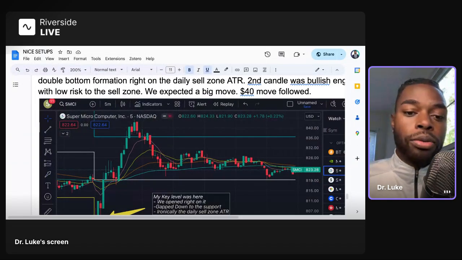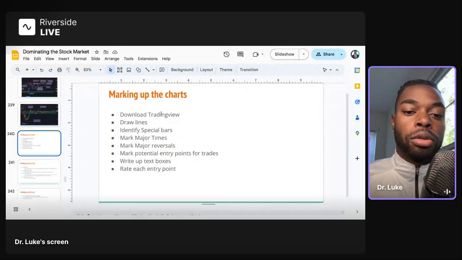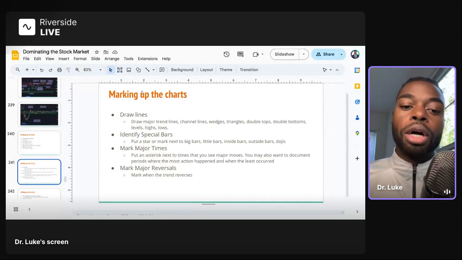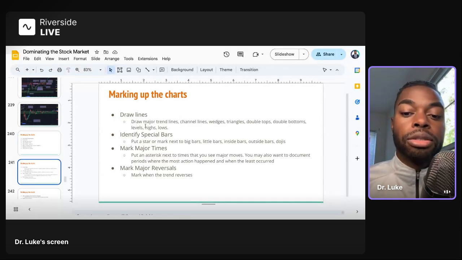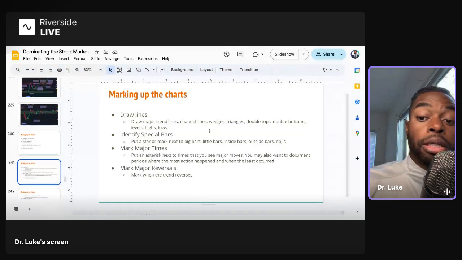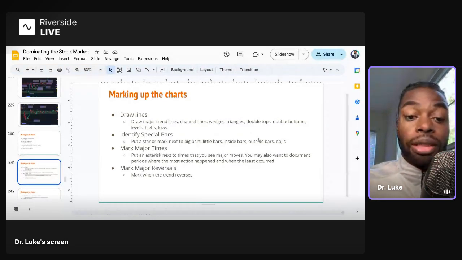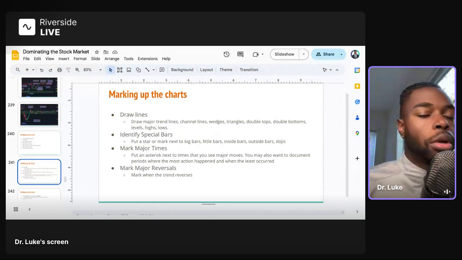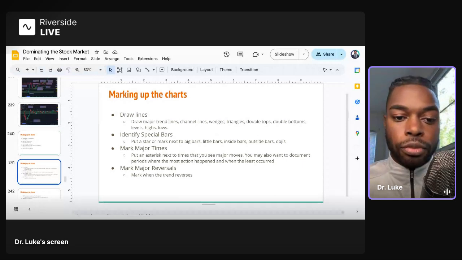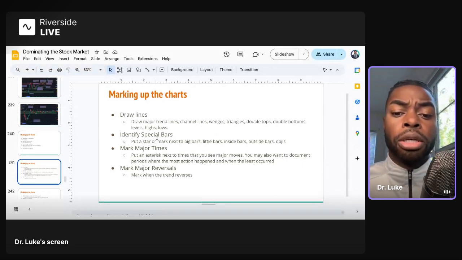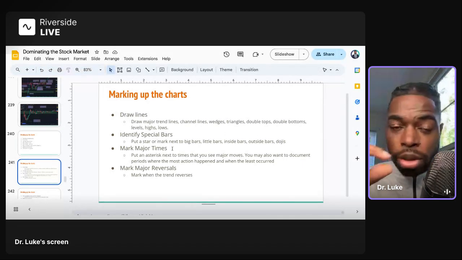The way you do this is you mark up the charts. This is exactly the rules. You draw lines: major trend lines, channel lines, wedges, triangles, double tops, double bottoms, key levels, highs, lows. Then you identify special bars. This is things like really little bars.